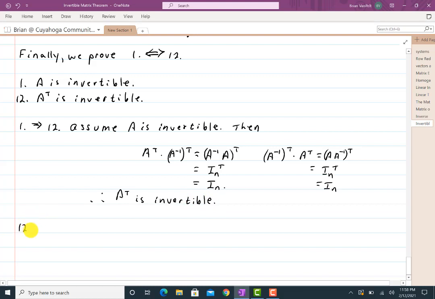Now let's do 12 implies 1. Assume A transpose is invertible.